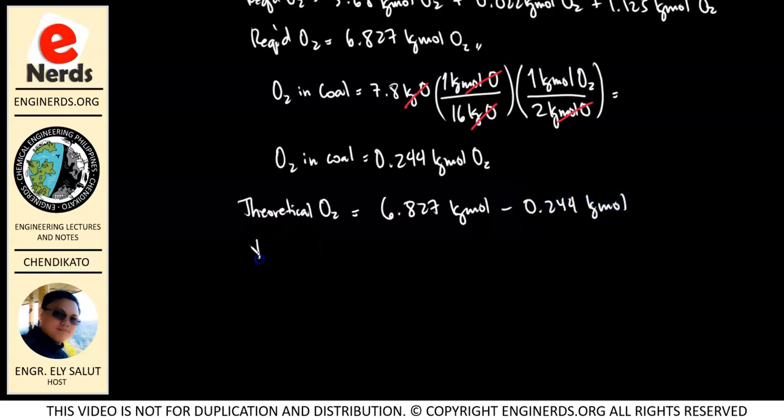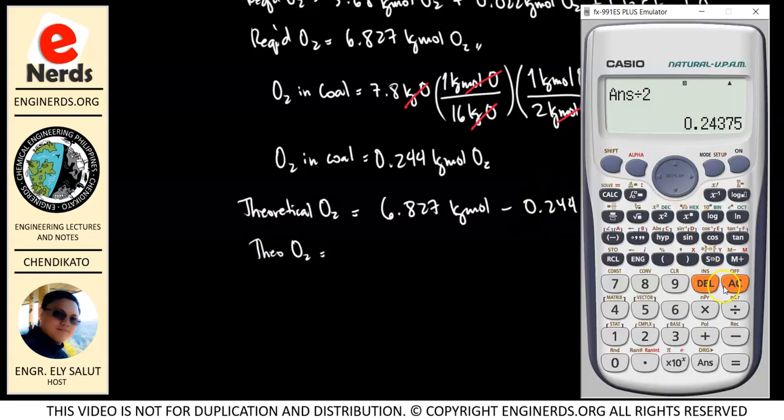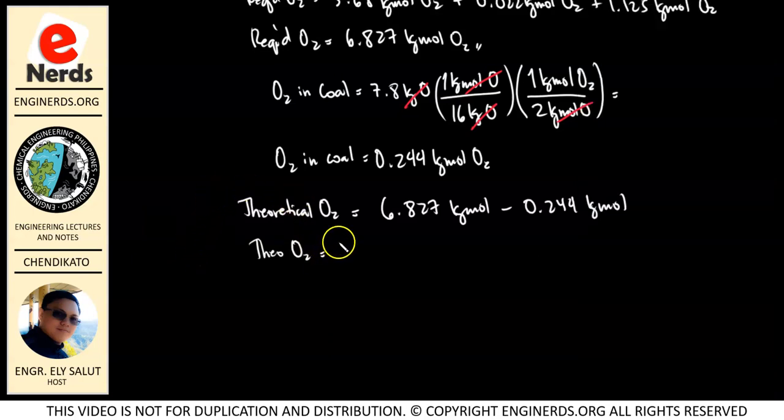Okay, so the theoretical O2 is equal to 6.827 minus 0.244. So our theoretical O2 is 6.583 kilogram mole of O2. Okay?